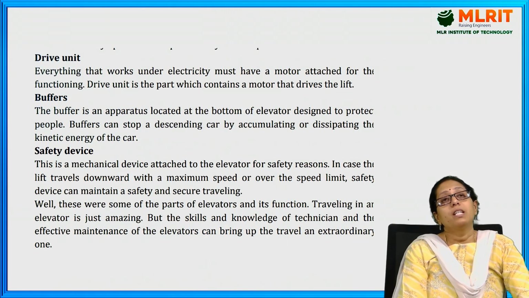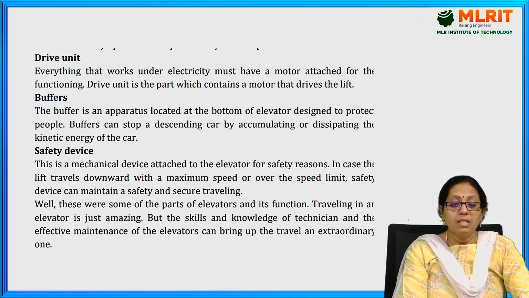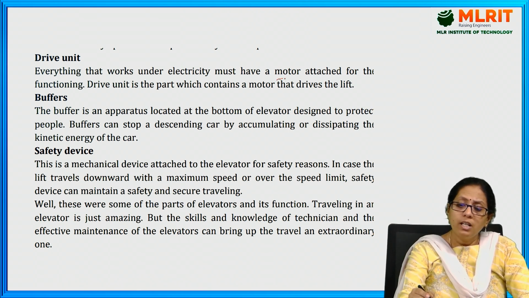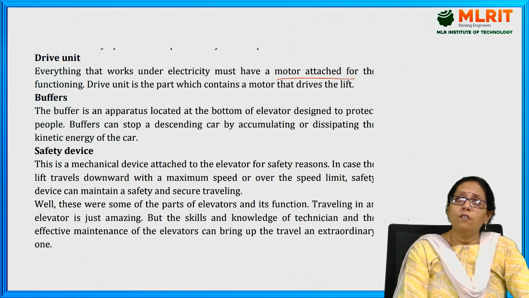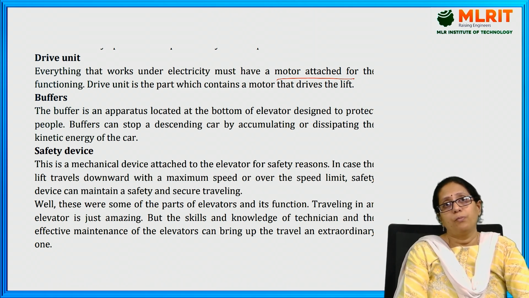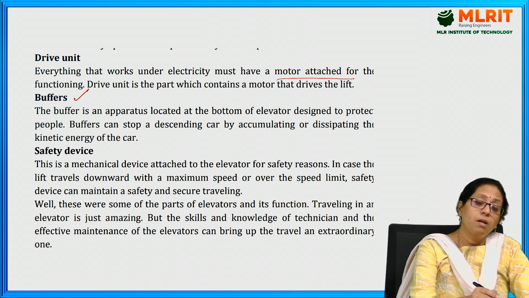Next one is the drive unit. Everything that works on electricity must have a motor attached to it for smooth functioning, and the drive unit is the part which contains the motor that drives the lift. Next one is buffers.